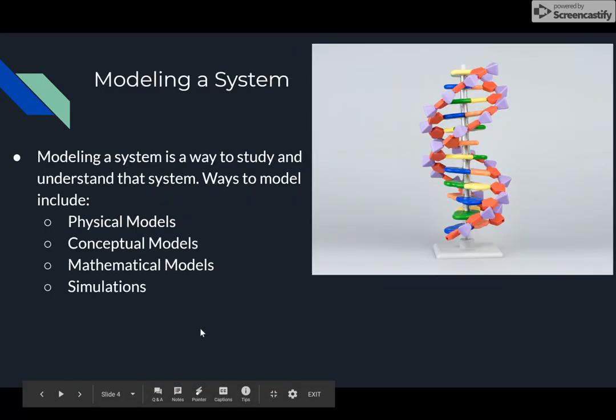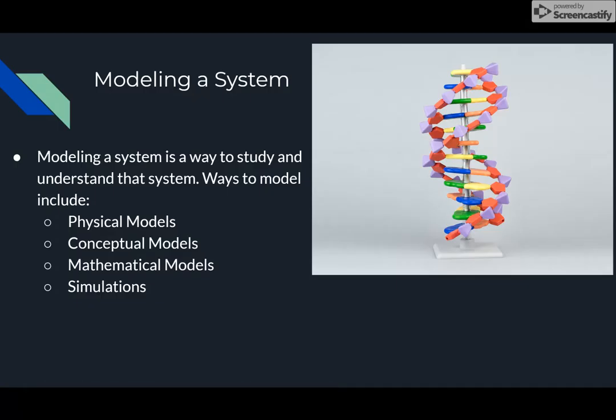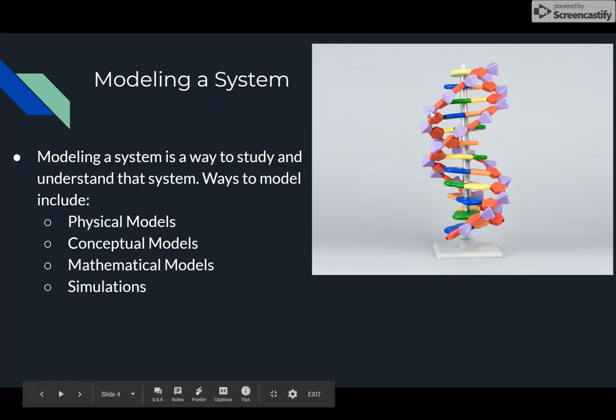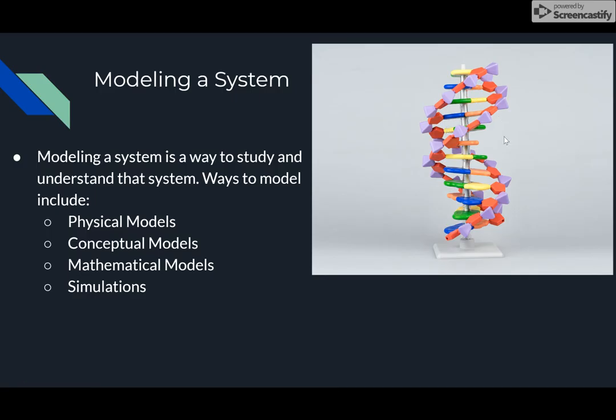We're going to be talking about lots of different ways to study and analyze systems in this class. And that is called modeling. We're going to model lots of different systems, and we're going to do that in lots of different ways. We could build a physical model, like you see this picture of DNA here. This is a physical model that shows the structure of the DNA molecule.